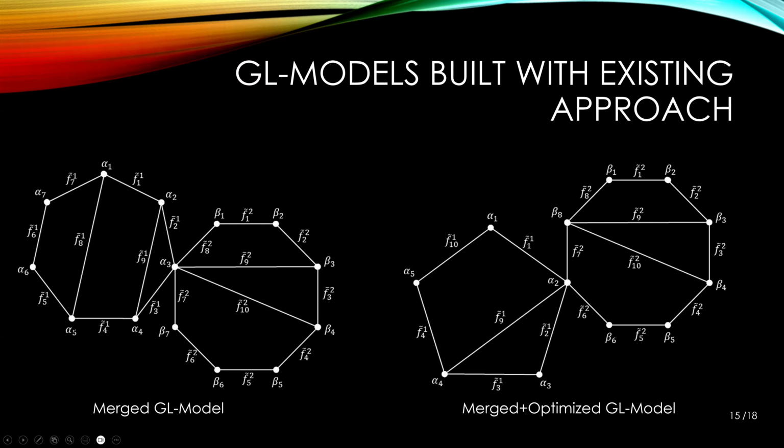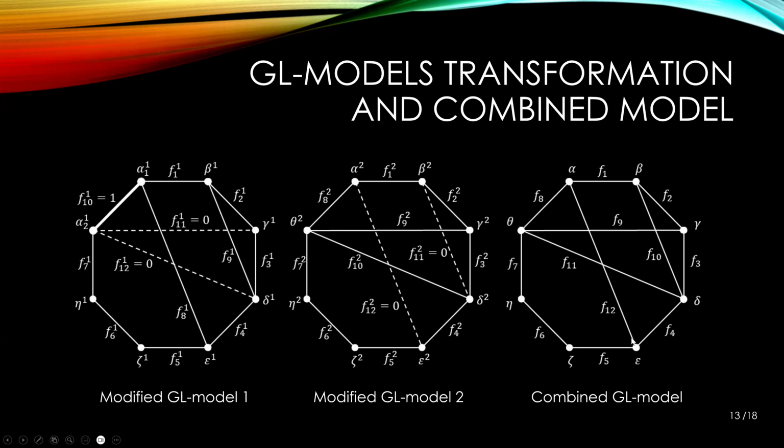Due to this, the model can be optimized, and some vertices and edges can be removed. The optimized model is shown on the right side of the slide. However, both resulting graphs are significantly more complex compared to the models obtained using the proposed approach, meaning this one and this one.